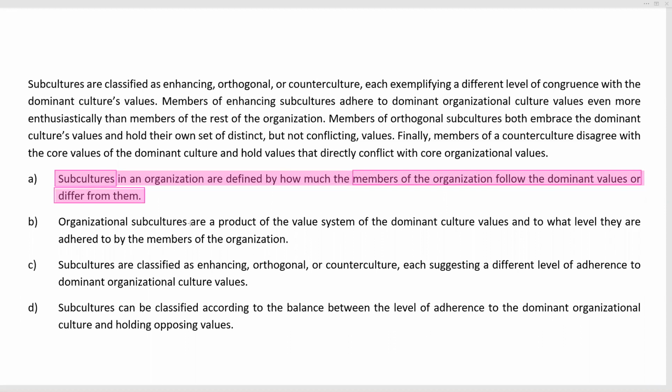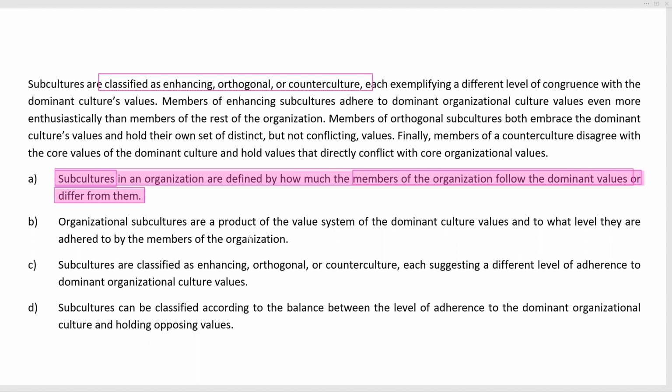So this covers most of the key aspects, but it does skip the mention of the classifications: enhancing, orthogonal, or counterculture. It's not subcultures which are defined by how much the members follow the dominant values or differ from them.